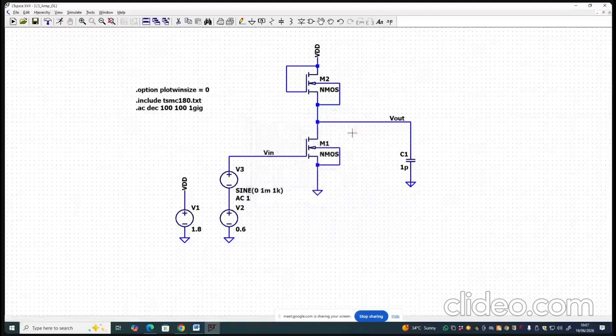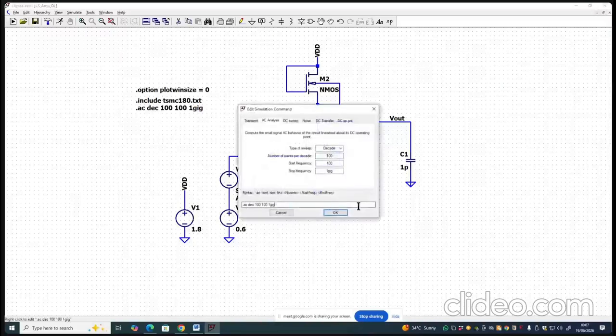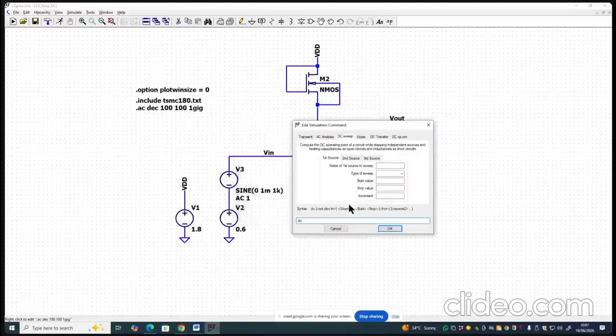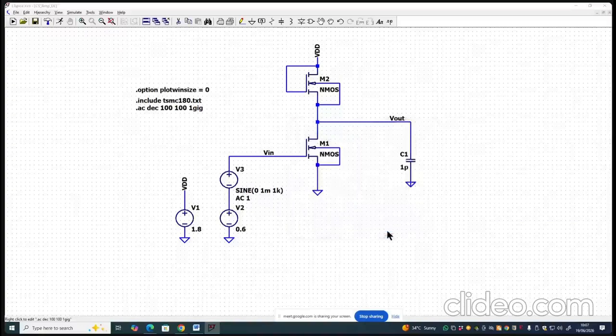So I think we have done all the connections and we are ready to do the DC simulation. So let's first do the DC analysis, sweeping V2 from 0 to 1.8 volt in the steps of 10 millivolt. And let's see V out.